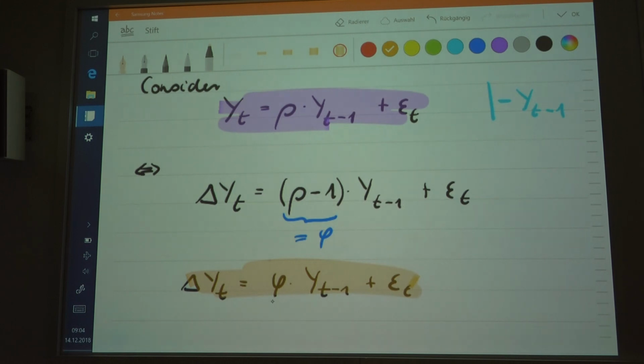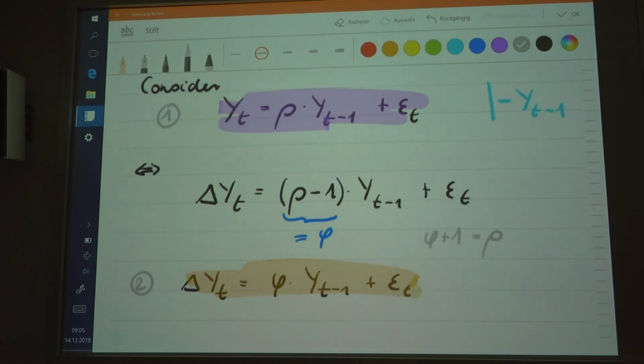Of course you estimate another coefficient, but if you add 1 to that coefficient, say 5, then you get the coefficient rho from the first regression. So both are equivalent.